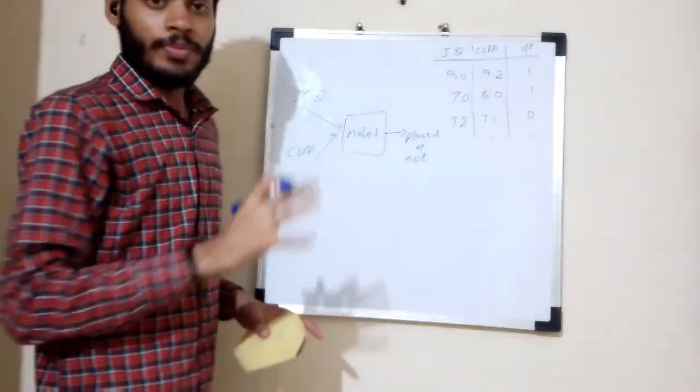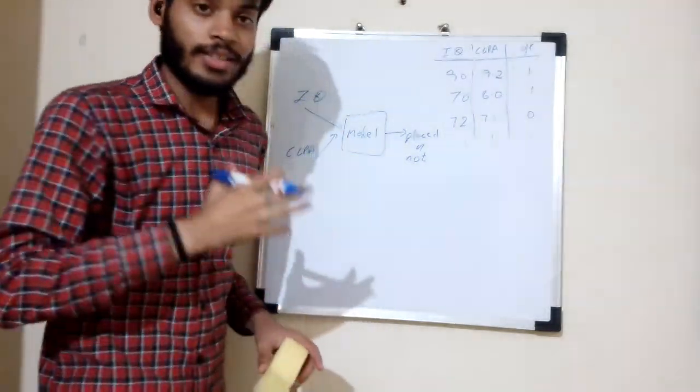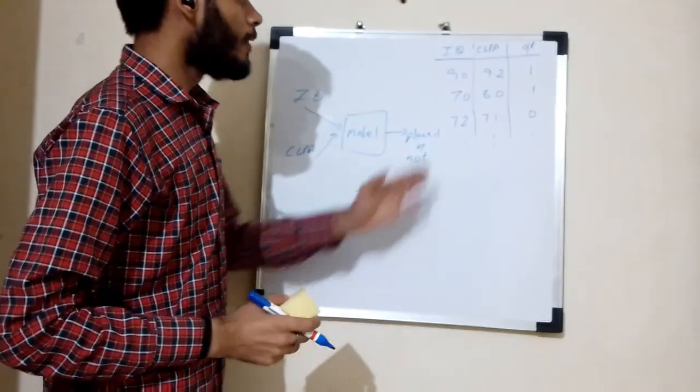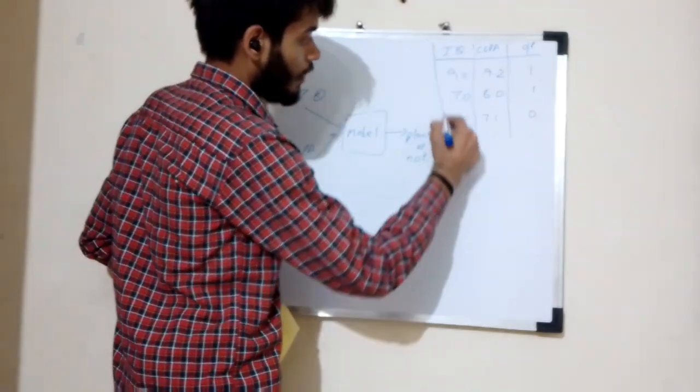Basically my model will take an IQ and a CGPA, and it will predict if the student will get placed or not.